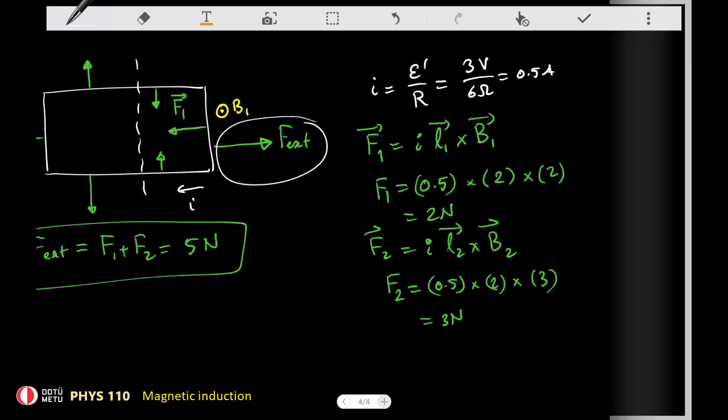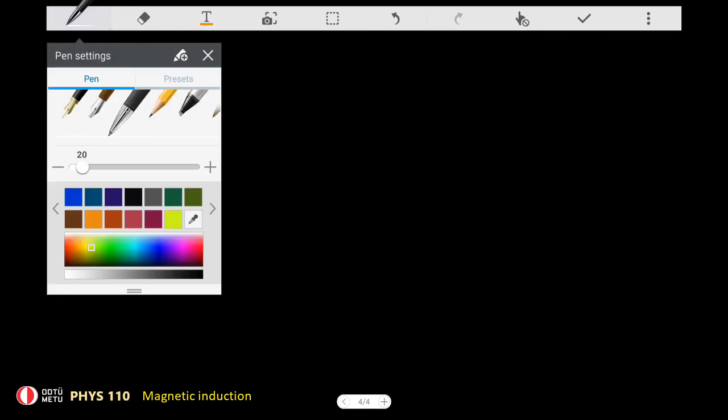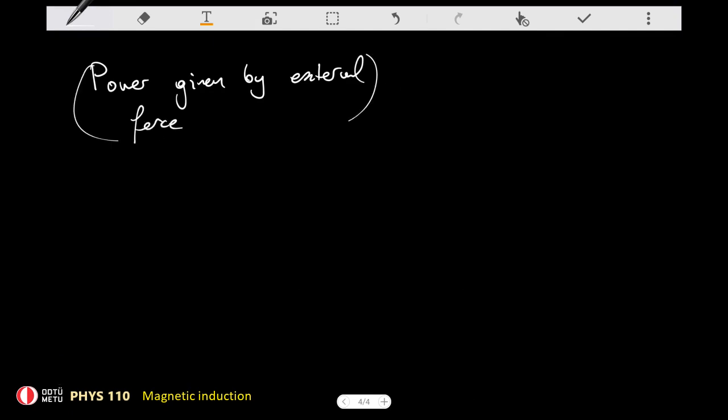So then let's talk about the power, the conservation of energy, right? That's the power given by the external force. Let me just call this power external. So that's the external force dotted with the velocity.